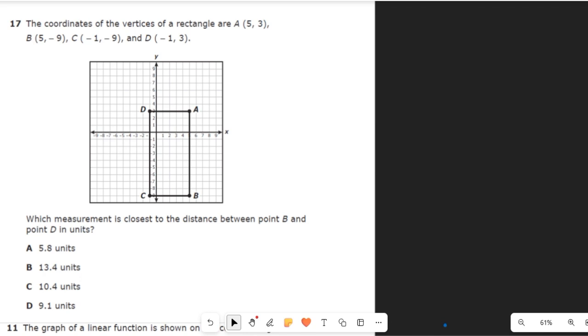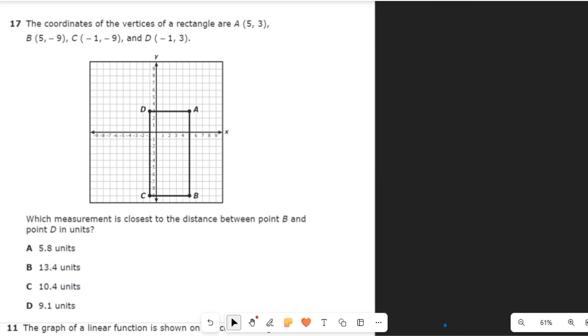This question is either on rectangles or on functions, but we can use some similar formulas from linear functions and distances to solve it.